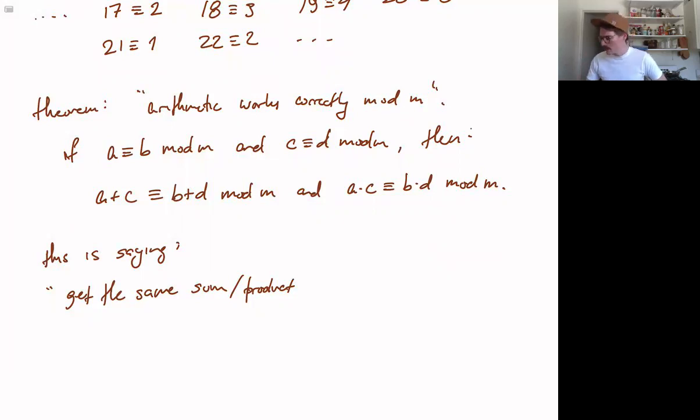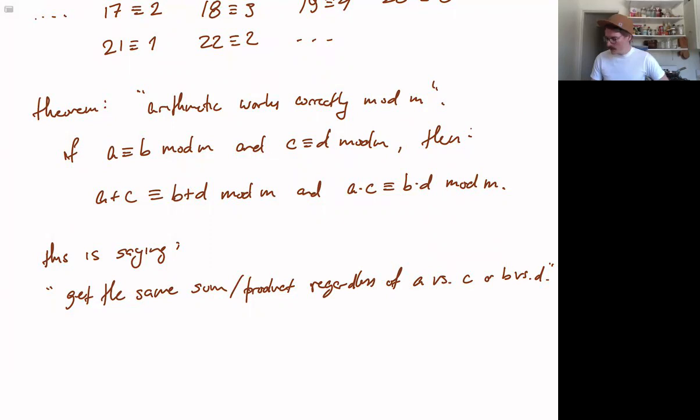So that's maybe a bad way of saying it. Let me try and make that more clear. Get the same sum or product, regardless of A versus C or B versus D. So let me give an example of this.